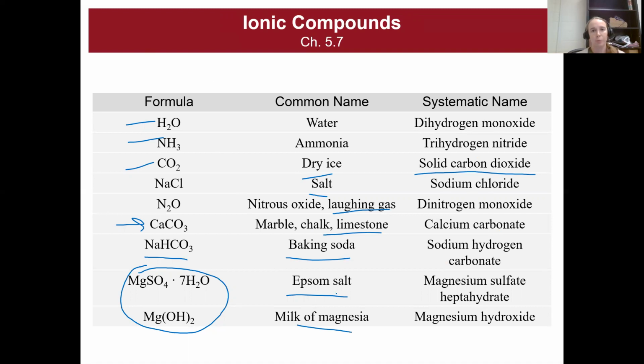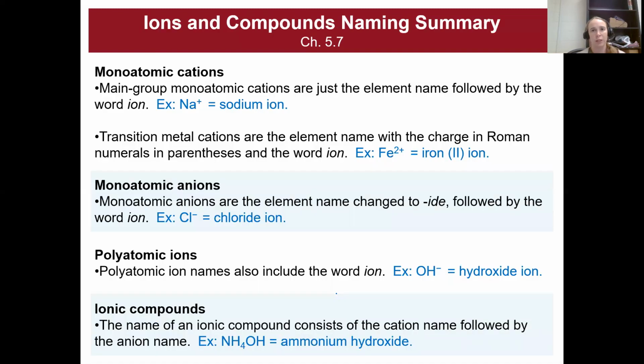Cool. So I'm going to just give you one summary slide. I'm not going to talk about this one, but this is a summary of how we name cations: monoatomic cations, transition metal cations, monoatomic anions, polyatomic ions. So this doesn't really tell you much about how they're named for polyatomic ions, just that we add ion on the end. So this is the hydroxide ion, for example. And then ionic compounds, we put those two ion names together.